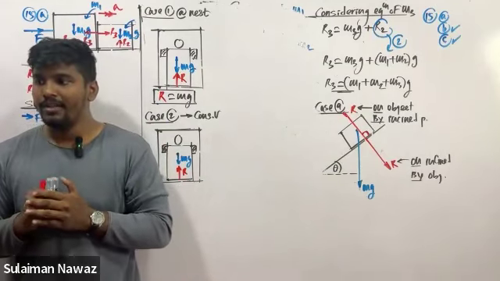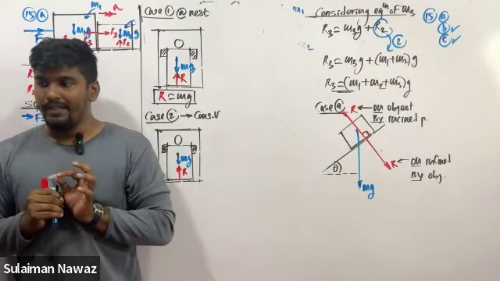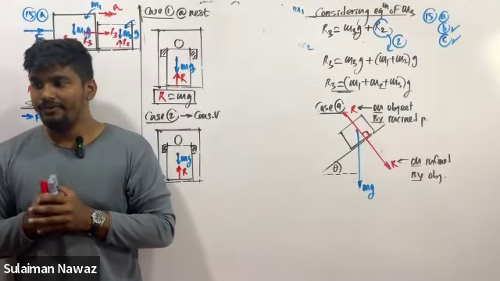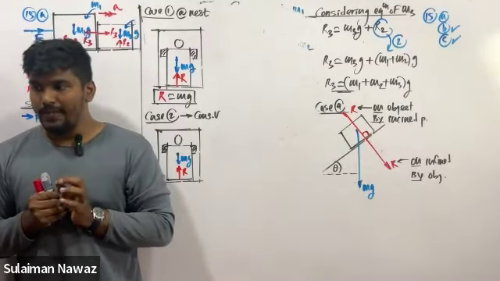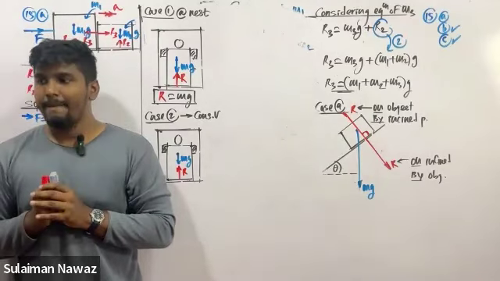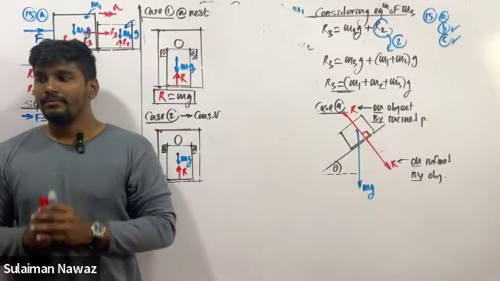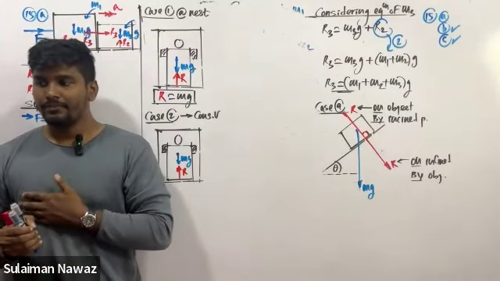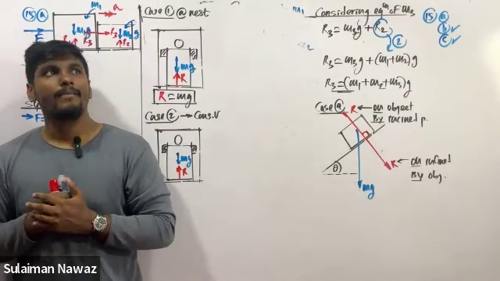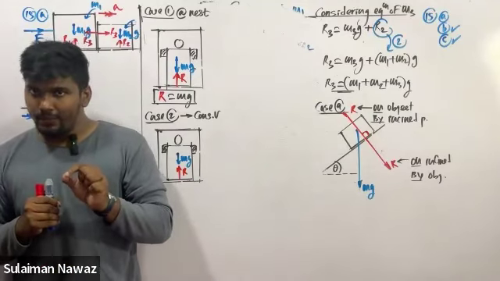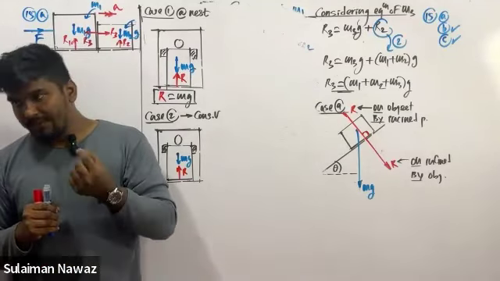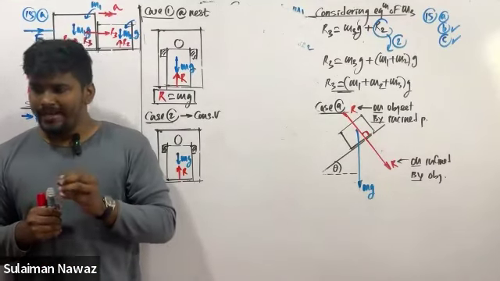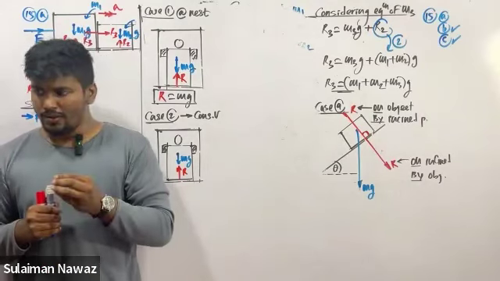Write down a point. If lift moves under constant velocity, man inside the lift also moves under constant velocity.